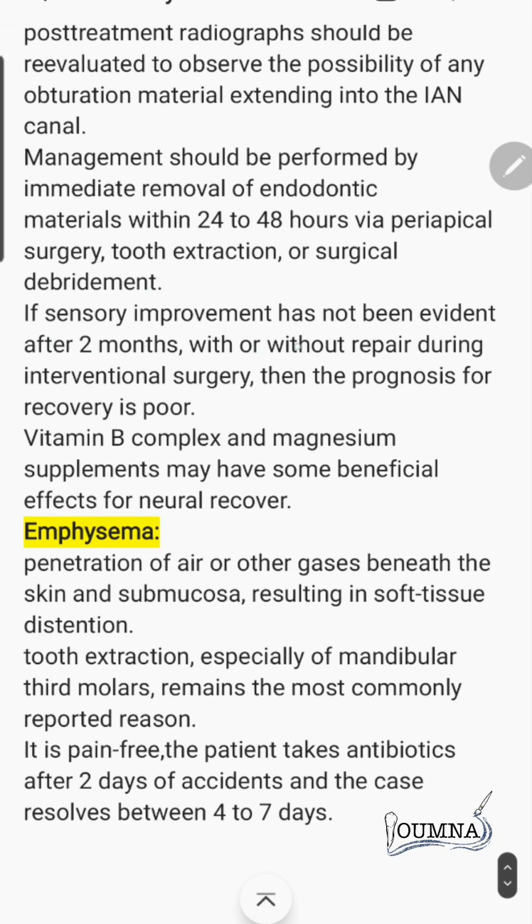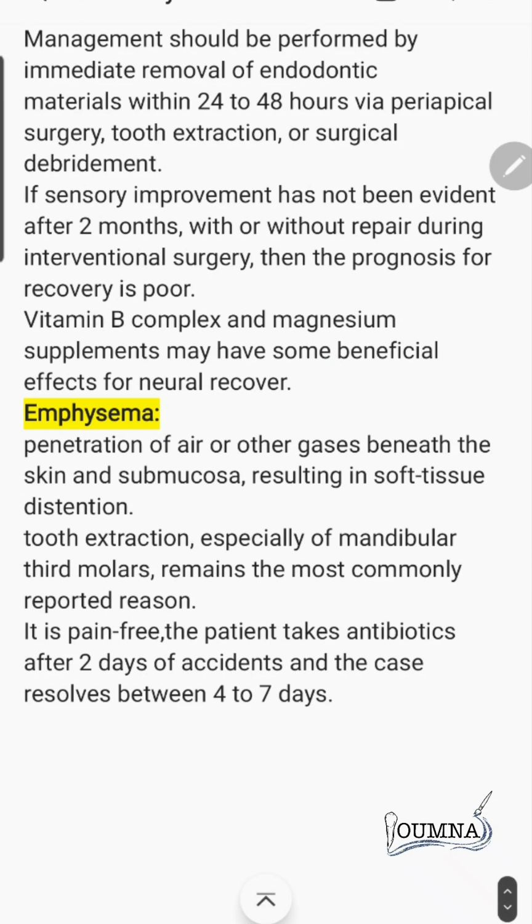If sensory improvement has not been evident after 2 months, with or without repair during intervention surgery, then the prognosis for recovery is poor. Vitamin B complex and magnesium supplements may have some beneficial effects for nerve recovery.